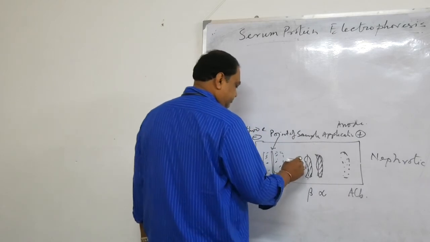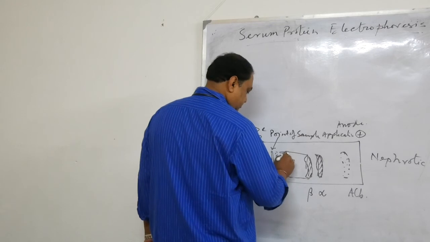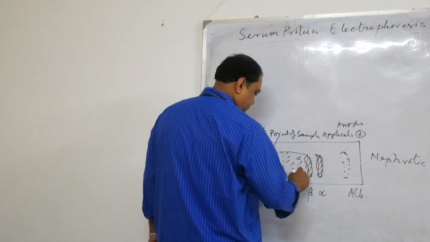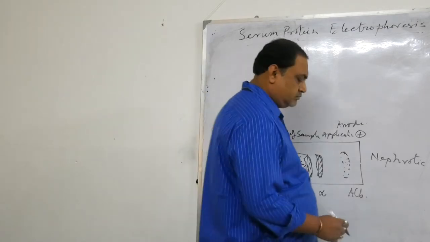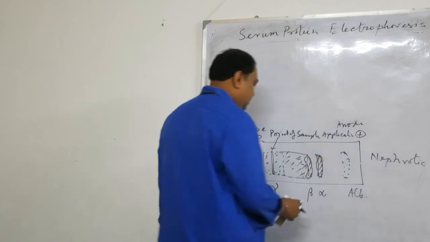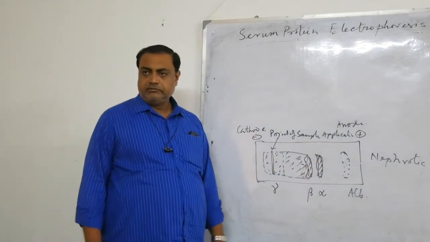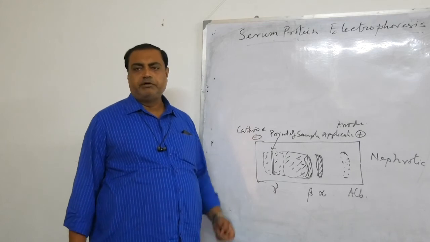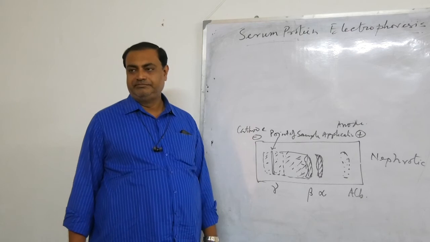Sometimes low albumin, nephrotic syndrome. Sometimes there is beta-gamma fusion, as if beta and gamma are not separated properly. It is not our mistake.